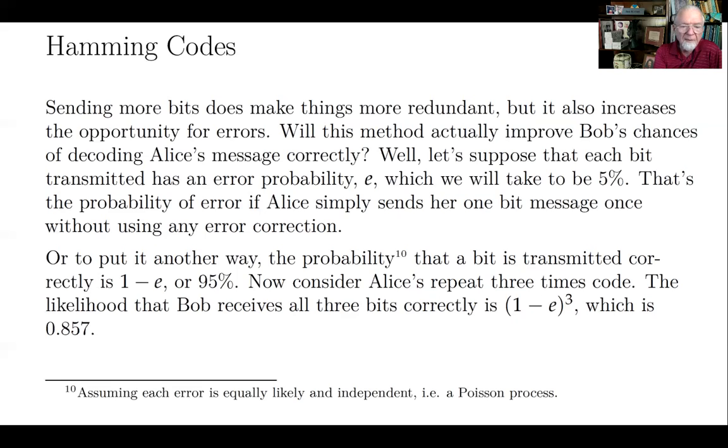So if Alice sends her 1-bit message once without using any error correction, the probability of getting it correct is 95% and of getting it incorrect is 5%. With Alice's repeated 3 times code, the likelihood that Bob receives all 3 bits correctly is (1 minus E) to the 3rd, about 85.7%.